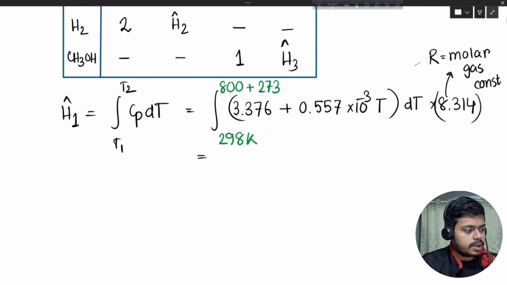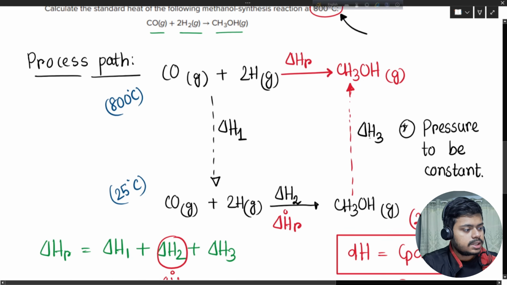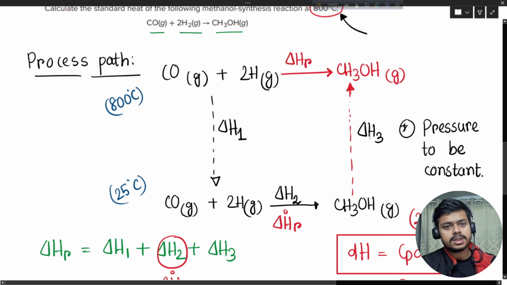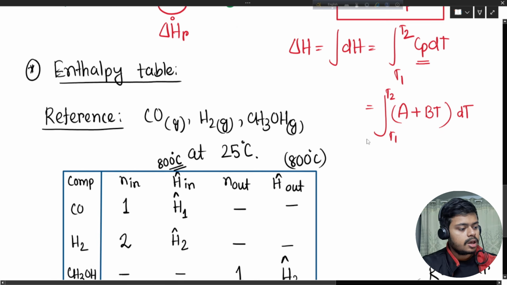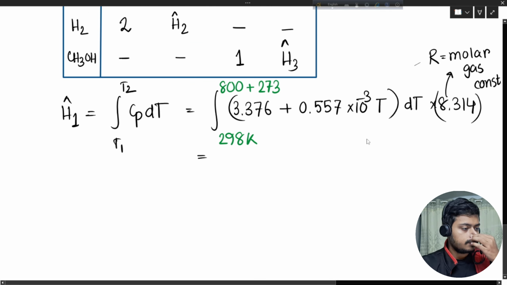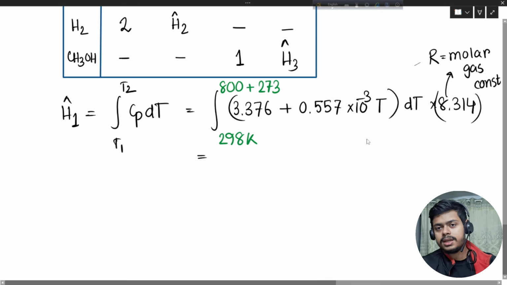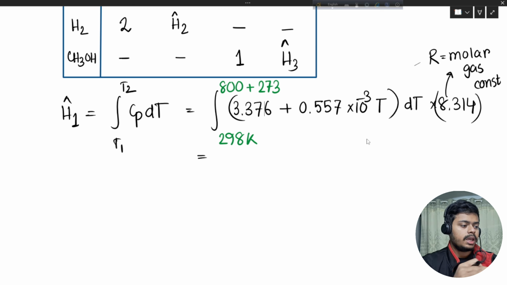In our main process path, we have stated that we're going to cool down the reactants from 800 degrees Celsius to 25 degrees Celsius. But in this calculation, we are elevating the reactants from 25 degrees Celsius to 800 degrees Celsius. So in order to correspond to our actual process path, we're going to have to add a negative before the value here. We're going to show that in further calculations.